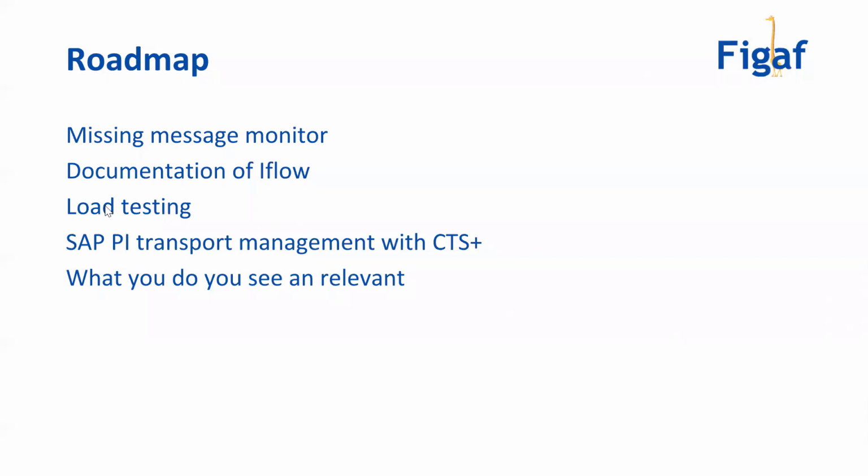We are also working on a way to transport PI objects much the same way as you saw here. So instead of having to configure them manually, creating manual steps when you're importing, it will just be one interface you can define. On QA, these are the values; on production, these are the values, and it will then check the CTS transports and validate once they've been imported.